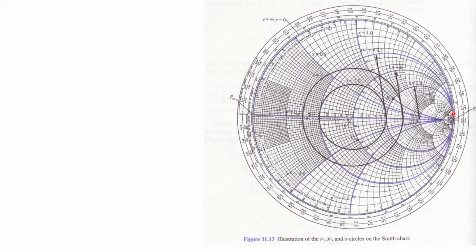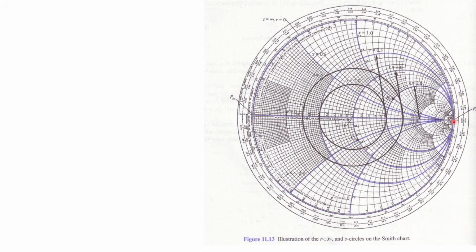And one more thing you should remember: this is the short circuit point, SC. Since the outermost circle is r is equal to 0 and the x-axis is x is equal to 0, where r is the real part and x is the imaginary part, in this case this is the short circuited one, meaning here r is equal to 0 and x is equal to 0.